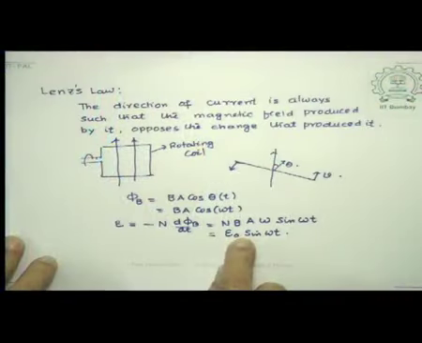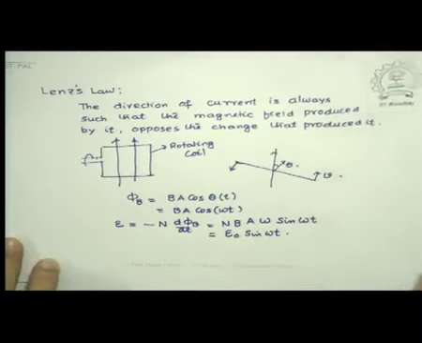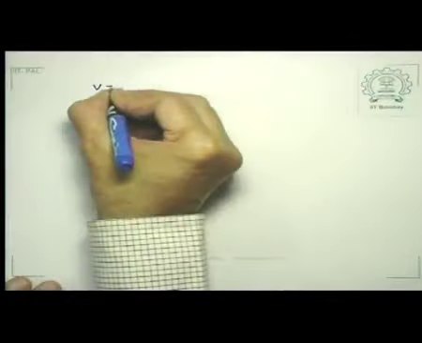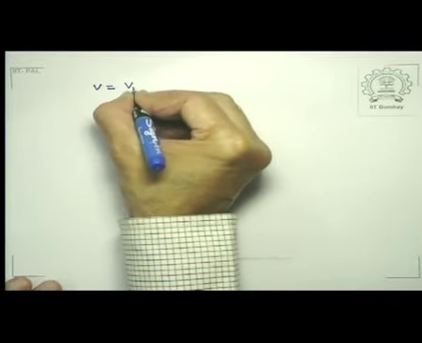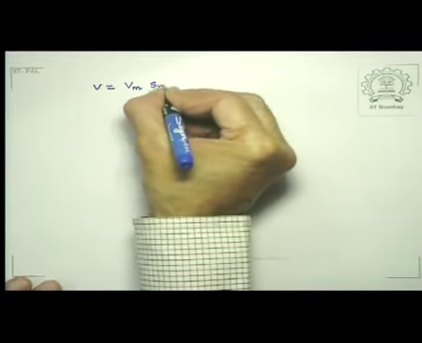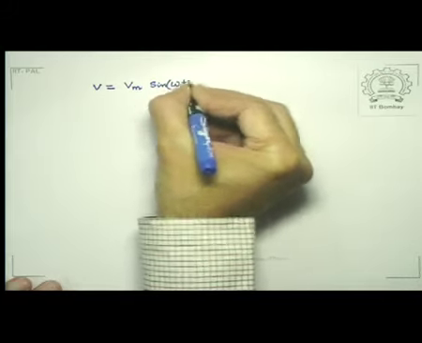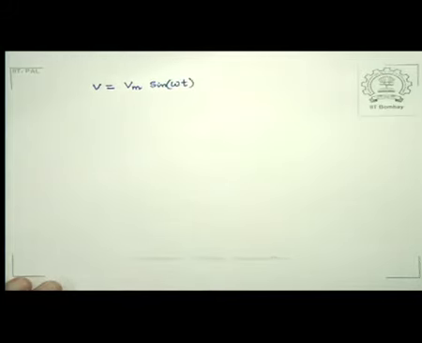Since you notice that this EMF is changing sinusoidally, this will produce a potential difference which also changes sinusoidally. So let me say that the voltage V is given by an expression like Vm sin omega t. Now suppose I am to plot this voltage against time.